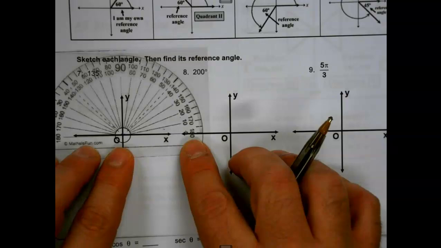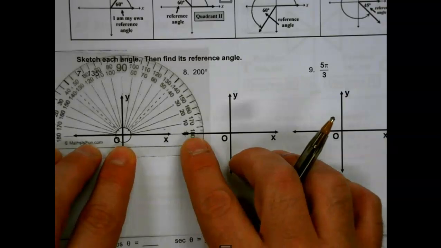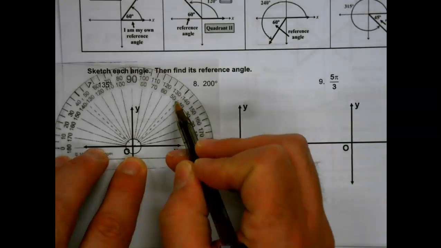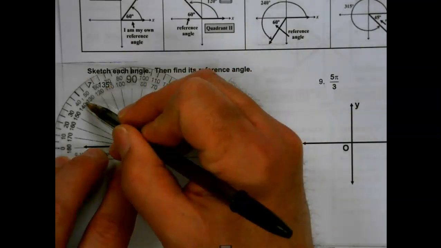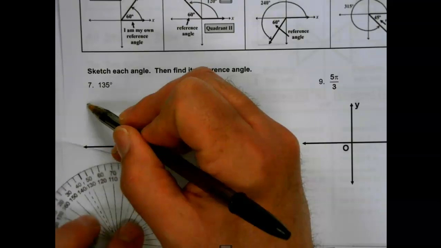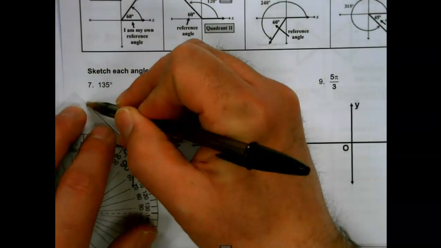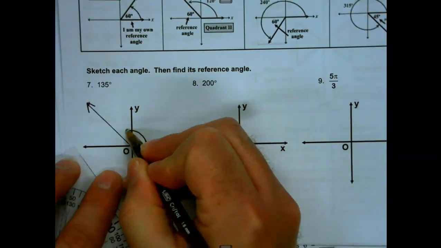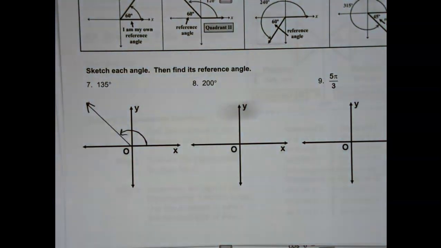Again, if you need one of these little stinkers, they're back on the back table. So 135, it's positive, so we'll stay on the inside ones. There's 135. Get that in here. Show our curve to show that it's counterclockwise and positive.